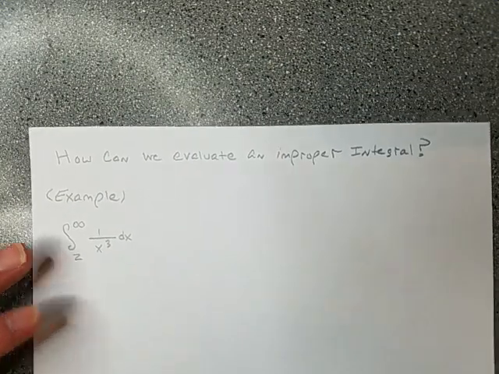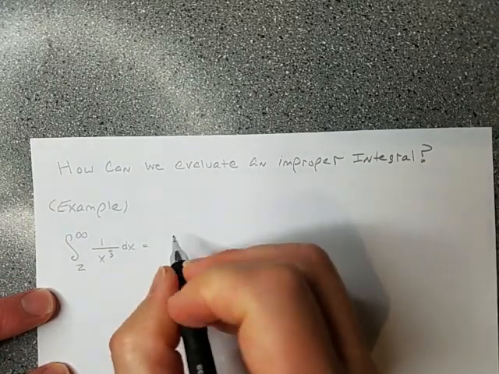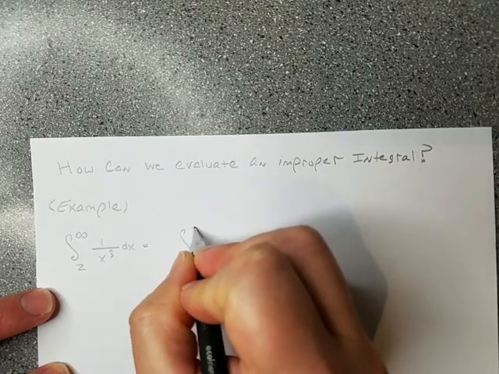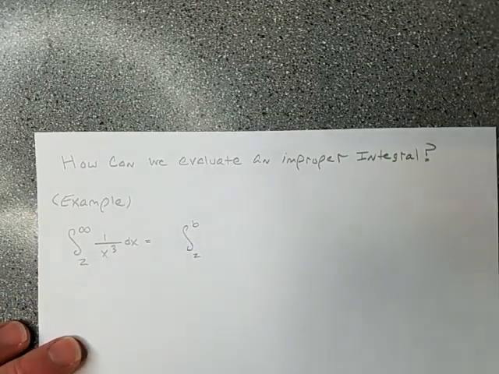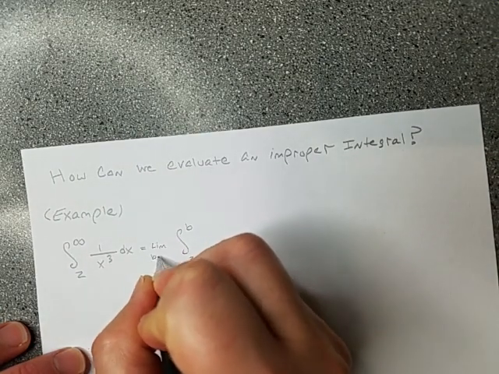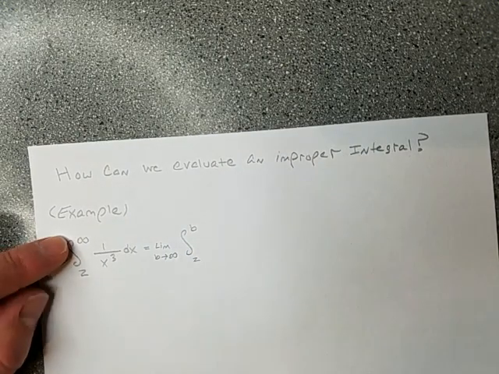So whenever we see an improper integral like this, we replace this upper bound with a number that's under our control. Let's call that number b. And then we'll push that number where we want it to go, which is to infinity.